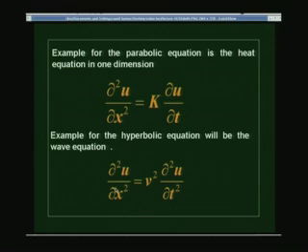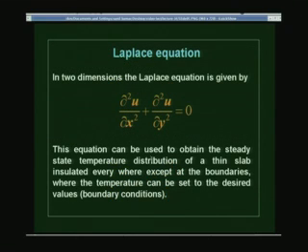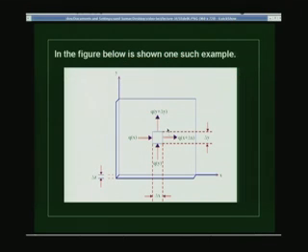Okay, so we look at the more specific case of Laplace's equation, which arises quite often in science and engineering. For example, when you want to deal with heat flow and its steady state solution, there is a slab here, and let us say the slab has a thickness delta z.